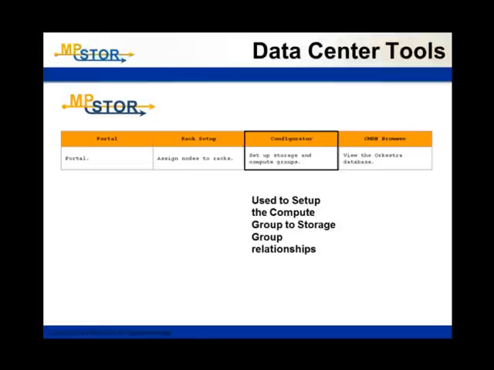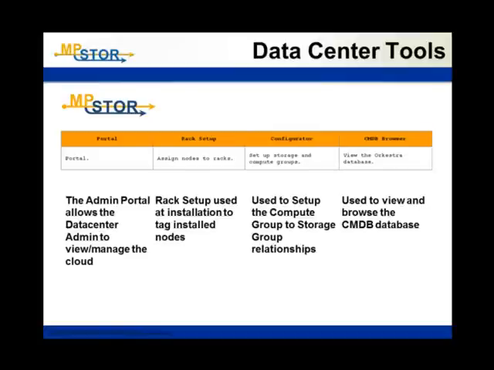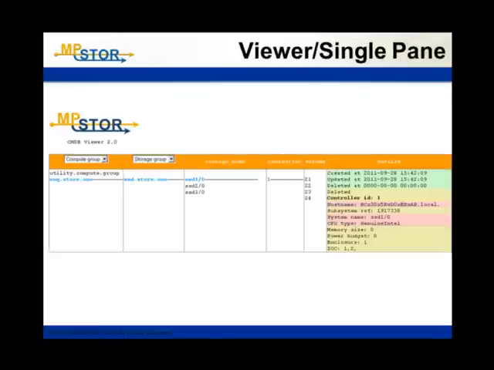The configurator that's used to set up the compute and storage group relationships that we looked at earlier, the relationships of gold, silver, bronze. And the CMDB browser. A lot of information about the logical and physical topology of the data center is captured in the CMDB browser, and all of that can be viewed and browsed.